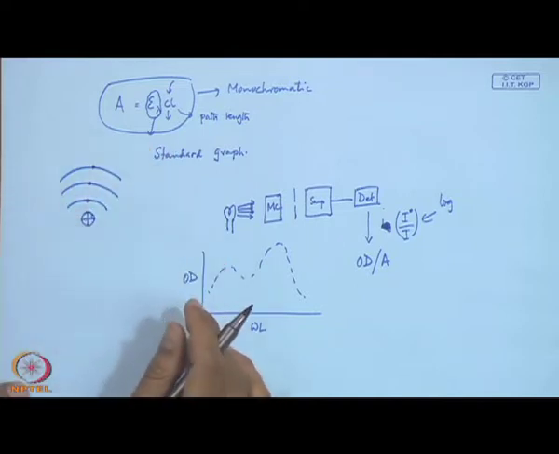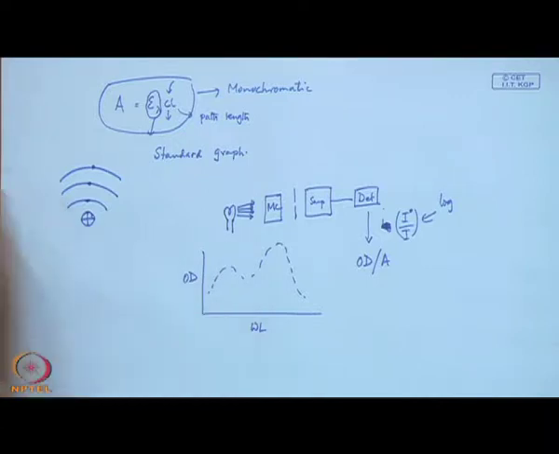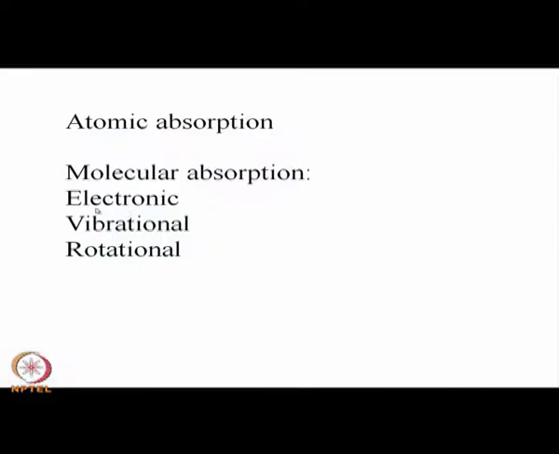In the case of molecular absorption, it is associated with electronic, vibrational and rotational motion that I already have discussed. That means molecules are associated with a number of levels characterized by various motions.